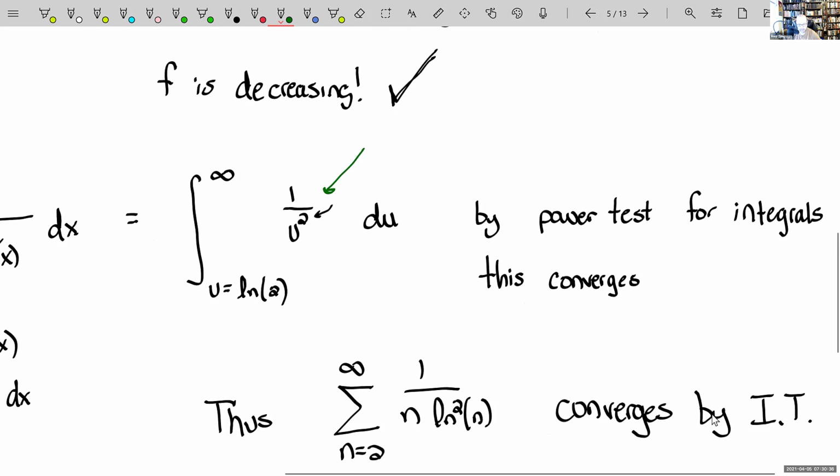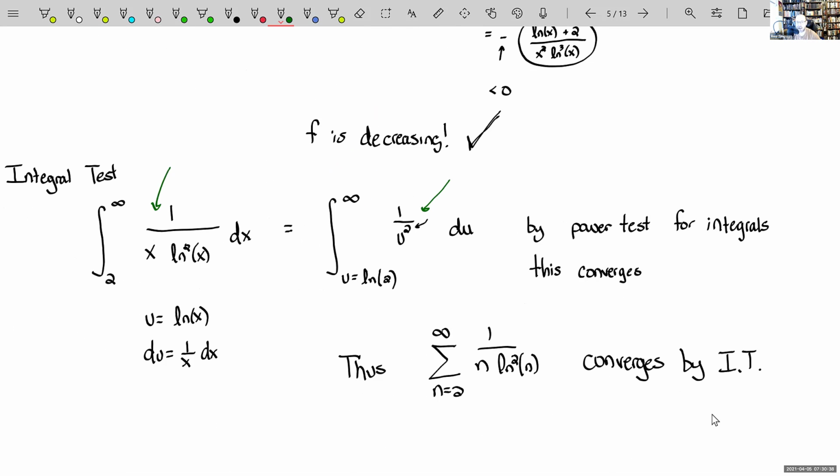So there's no need to actually evaluate it, because remember, the value of the convergent improper integral is not equal to the value of the convergent series. Just the fact that the improper integral converges tells us the series will converge, but they likely will not converge to the same value.